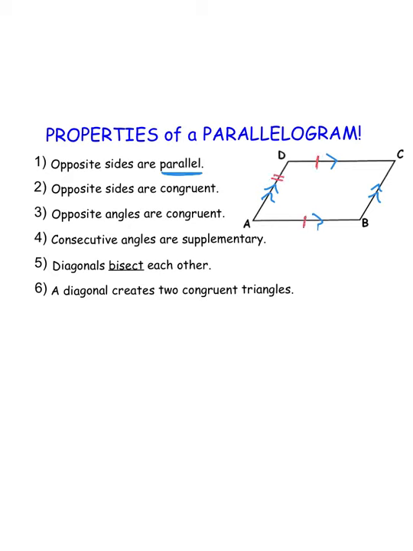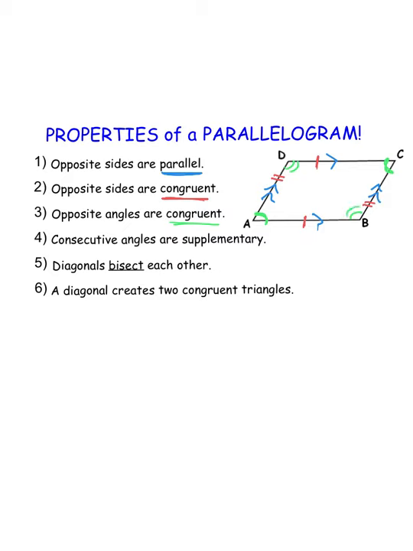This side here is the same length as this side here. Third, opposite angles are congruent. So that means angle A is congruent to angle C, and angle D is congruent to angle B.